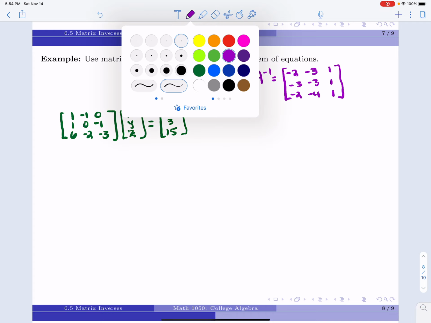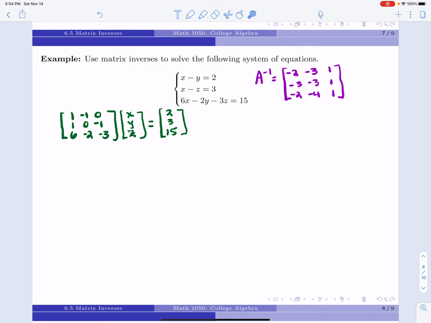Okay, so to solve our system, to isolate our variable matrix, we'll need to multiply both sides of the equation on the left by our inverse matrix. So we have A inverse times, let me just call this A, x, y, z.